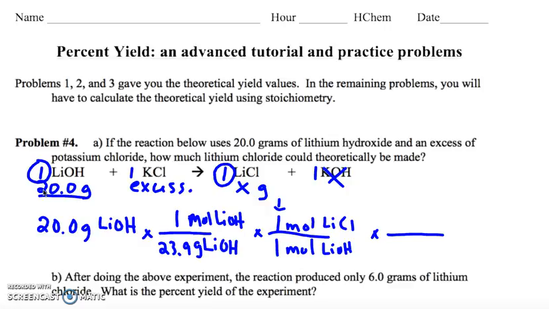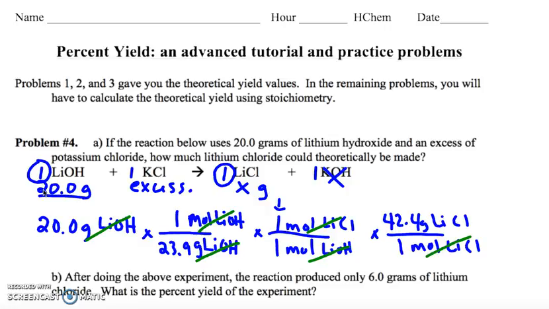The last conversion fraction is going to convert us from moles of lithium chloride to grams of lithium chloride. And when you add up the mass of 1 lithium and 1 chlorine, you get a molar mass of 42.4 grams. Okay. Of course, if we show everything canceling, grams of lithium hydroxide will cancel, moles of lithium hydroxide will cancel, and moles of lithium chloride will cancel.